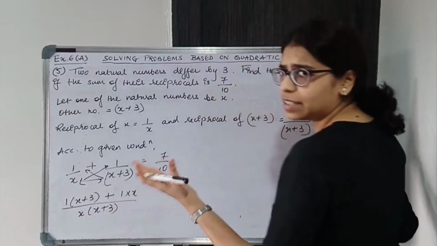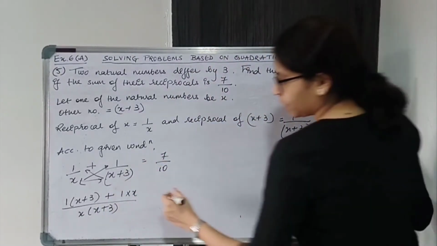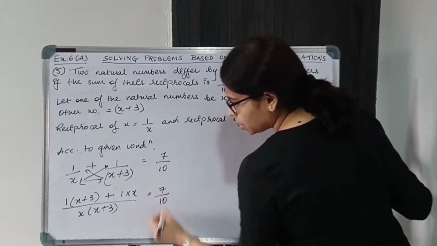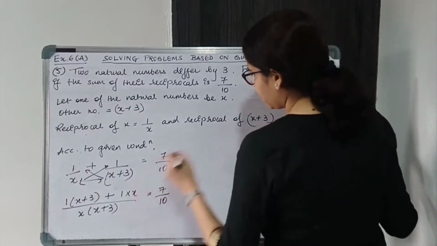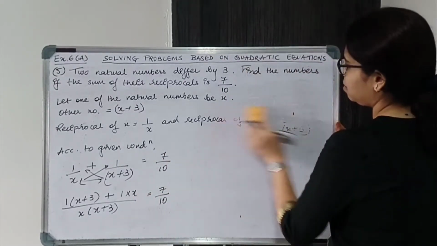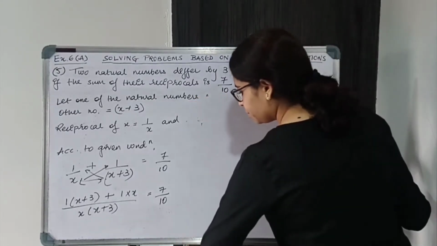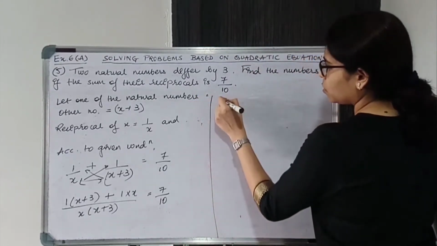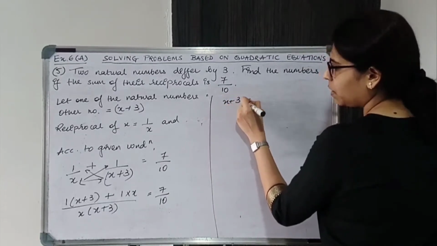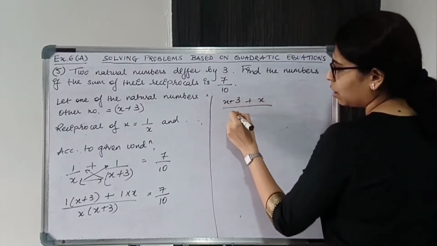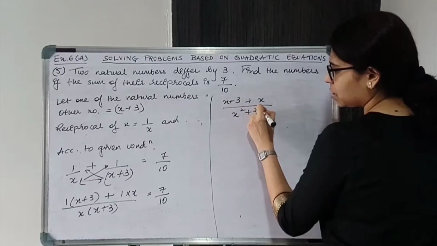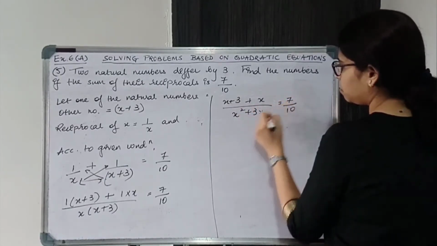This is like taking LCM only. Okay, so 7/10. Now 1 into x plus 3 is x plus 3. So x plus 3 plus 1 into x, x upon x square plus 3x is equal to 7/10.